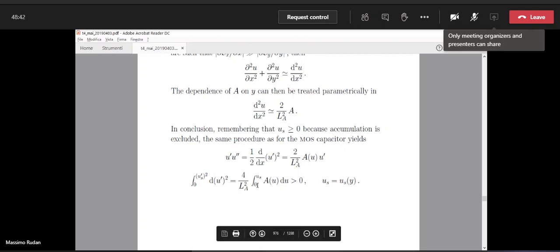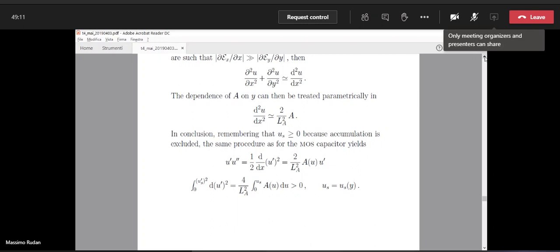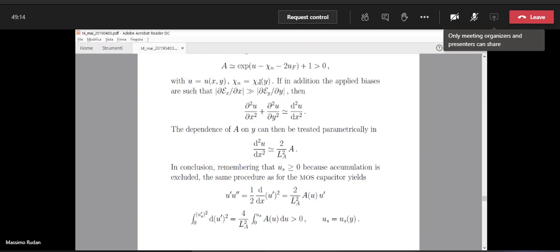Obviously, the right-hand side becomes the integral over the new variable u, because u prime dx is like du. And this integral is by construction positive, because A is positive after the simplifications that we have introduced. A retains a dependence on y because there is chi n in it. Chi n depends on y. So when we have integrated this, us will depend on y.